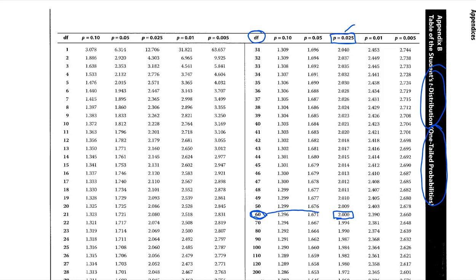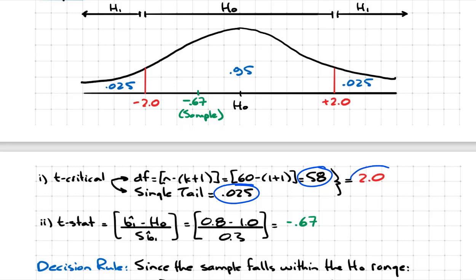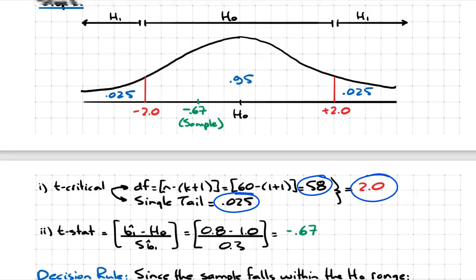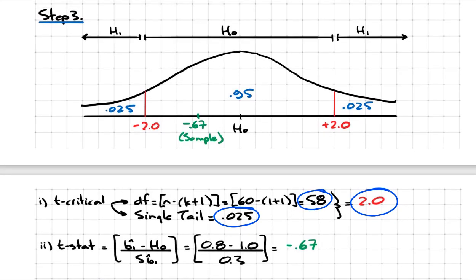So when we triangulate these two dimensions, the right tail area and the degrees of freedom, we get a critical value of 2.0. And that's exactly what we got here. So the interpretation of t-critical is we need to go plus and minus 2 standard errors away from the null to cover this 95% acceptance range.